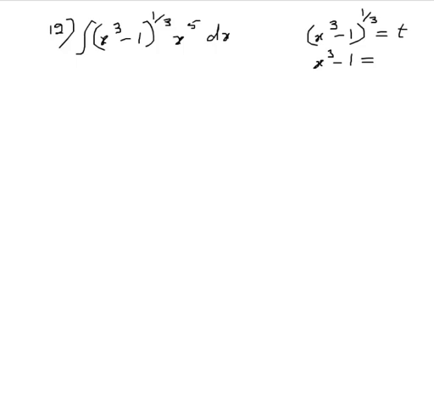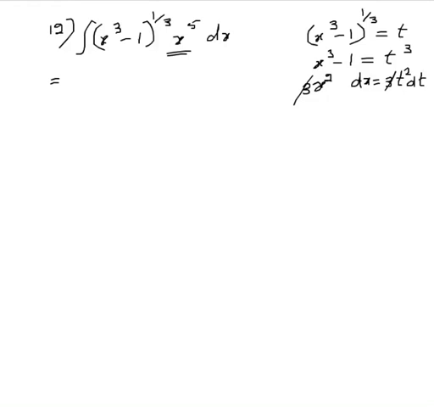Question 12. Integral (x³ − 1) whole raised to 1 by 3 times x⁵ dx. Let us substitute (x³ − 1) whole raised to 1 by 3 as t. Let us get rid of this power. Cube both sides. So x³ − 1 becomes t³. Differentiate: 3x². Differential of 1 is 0. dx is 3t² dt. We need x² dx.